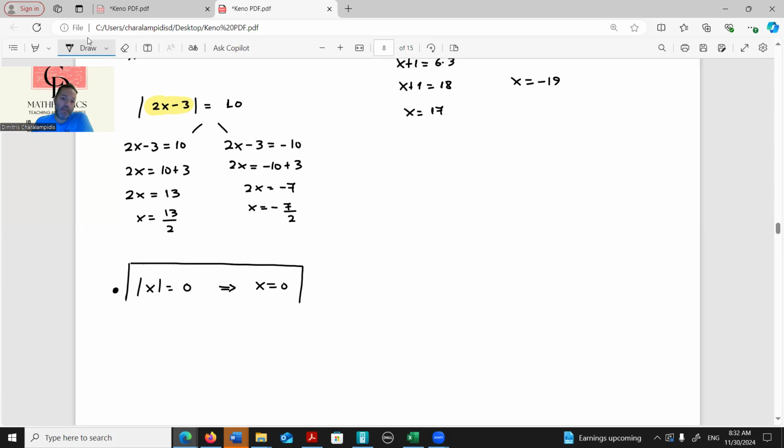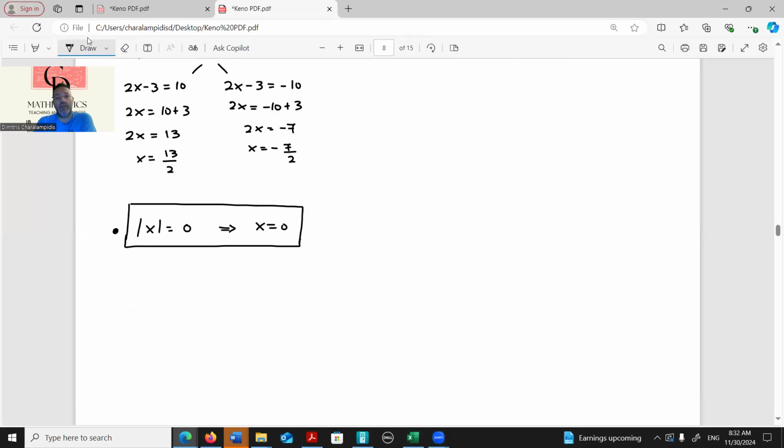And again, this concept works as in symbols. For instance, absolute value of x minus 1 equals 0. Again, we should take the expression between the absolute values and make that equal to 0. So x minus 1 is 0, which means that x equals 1.